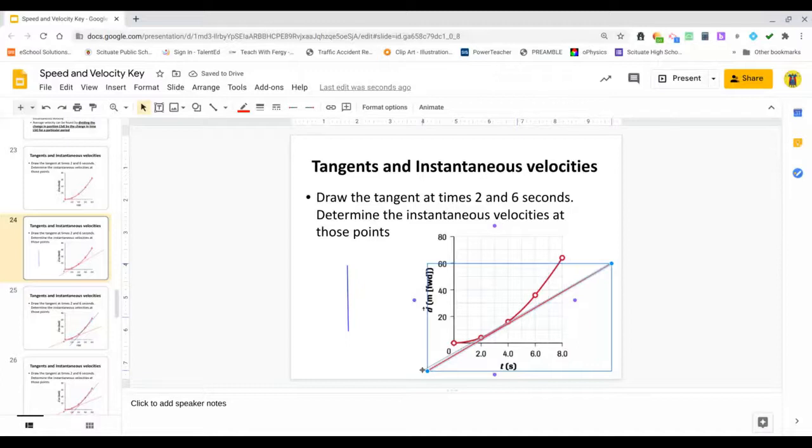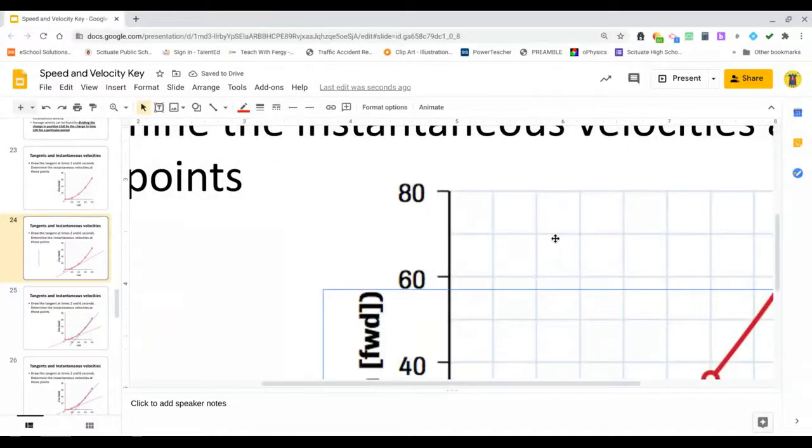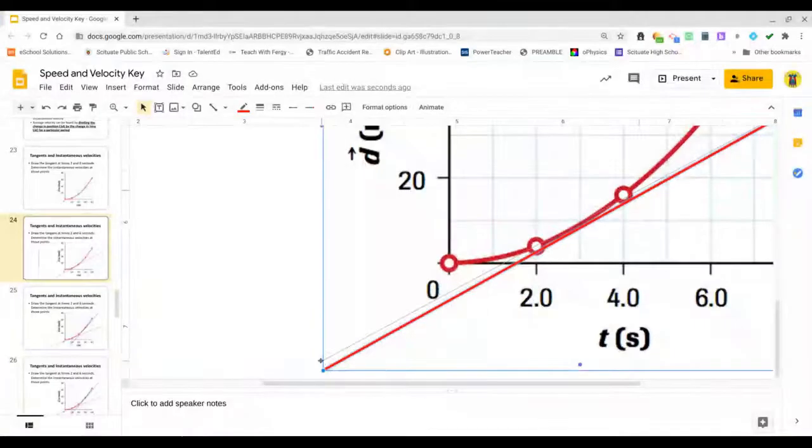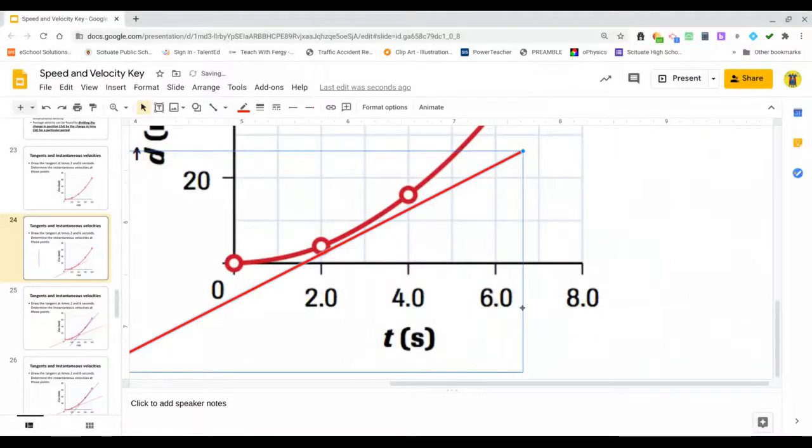To make it a little easier, I can enlarge or zoom in on the screen here. So I'm looking at my line. It's definitely not touching at one point. In fact, it's hitting over here, so I need to lower the other end. Let's bring it down here to help out a little bit.